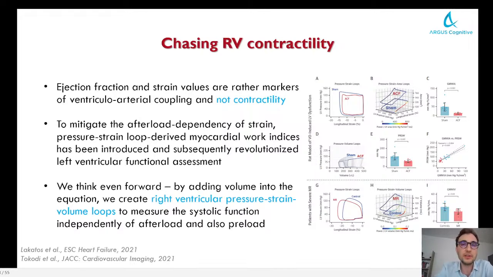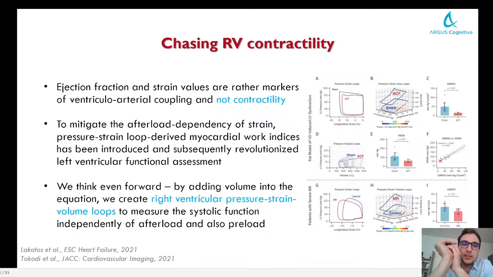As academic researchers, we investigated the load dependency of conventional measures of strain and ejection fraction, and they were not actually associated with contractility, so with the intrinsic load-independent ability of the myocardium to shorten. Myocardial work index is an interesting new concept.